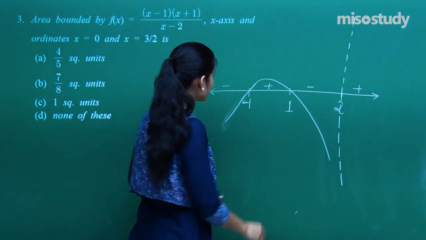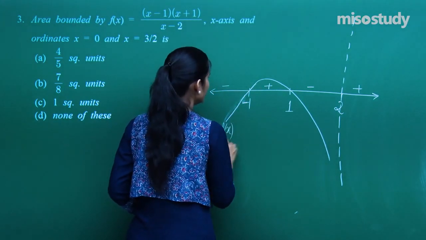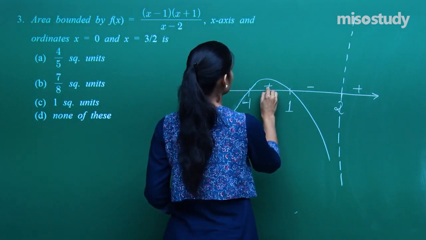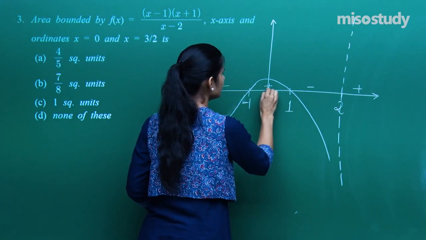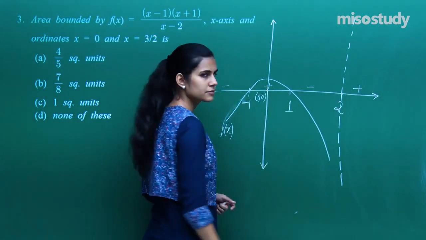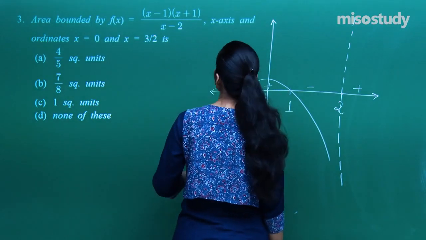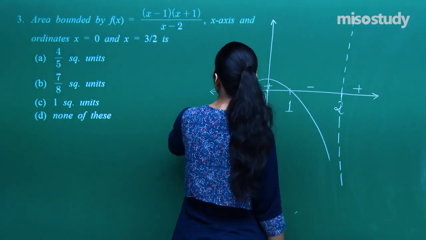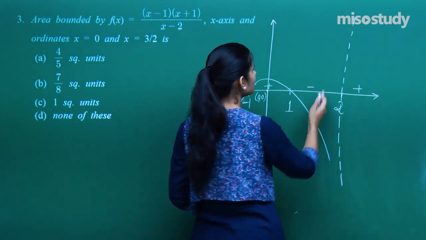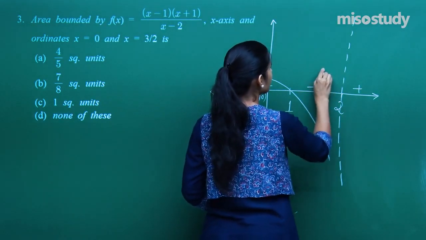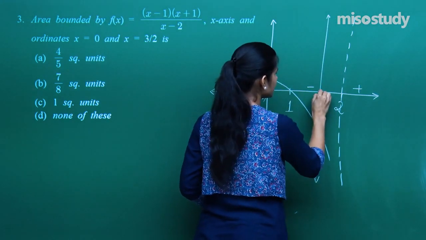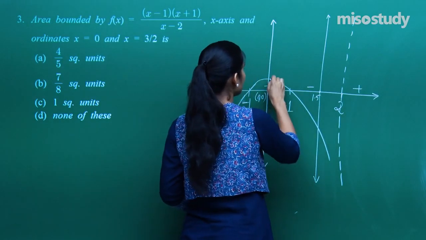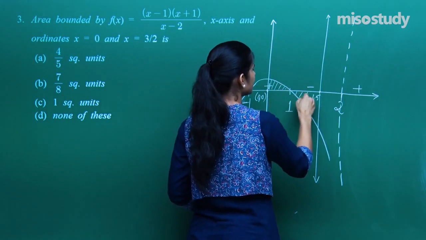The moment you've decoded this graph of f, somewhere here is your origin. Fine. I want to talk about x equals 0, that is the y-axis, and x equals 3 by 2 would be somewhere here. That's 1.5.